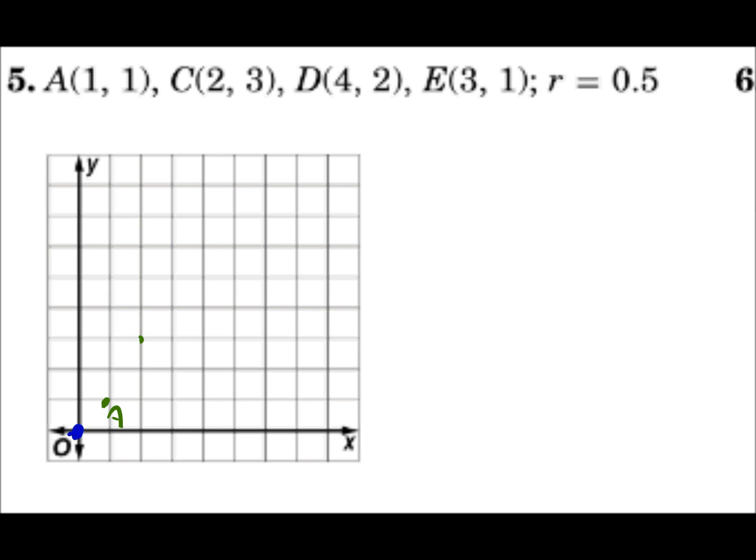B is (2, 3). Actually, it's point C that is (2, 3). D is (4, 2). And E is (3, 1). There's my pre-image.